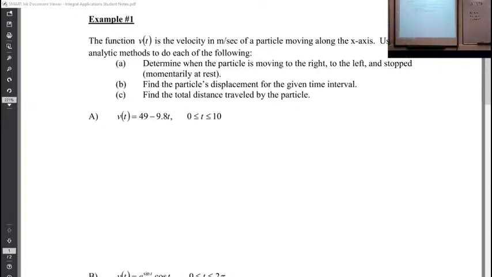So, first of all, we're going to go non-calculator into part C, and then we're going to work with the calculator.